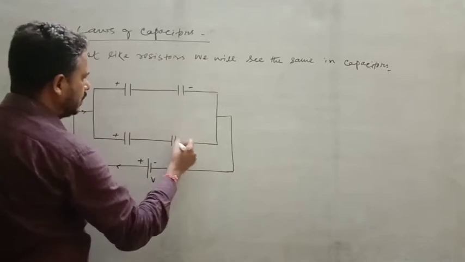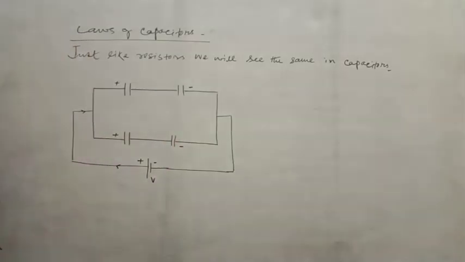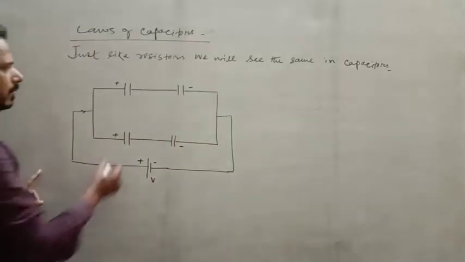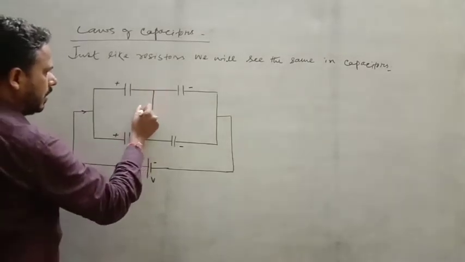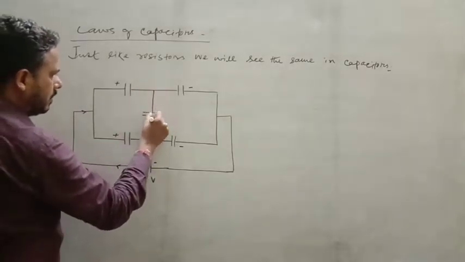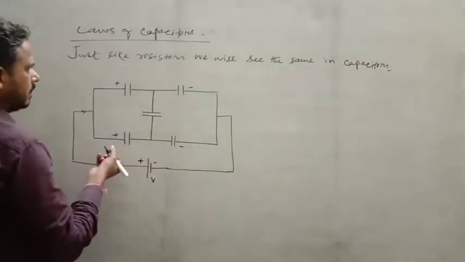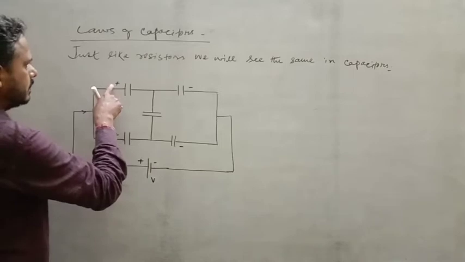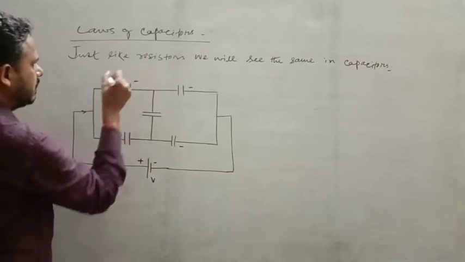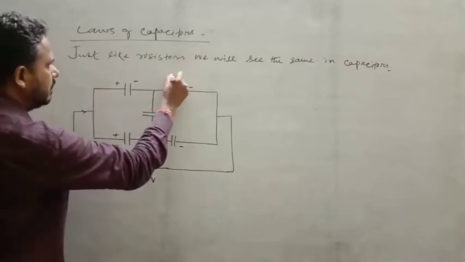The plates directly connected to the negative terminal of the potential would be negative. Now I want to connect one more capacitor in between the capacitors. Because this one is positive, this will be negative, and this one is negative, so this one will be positive.